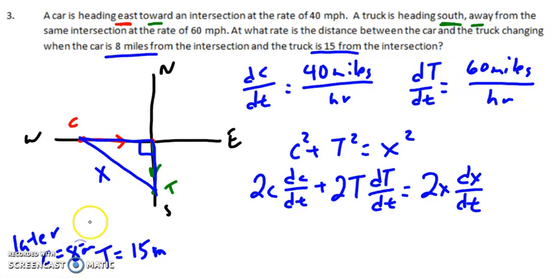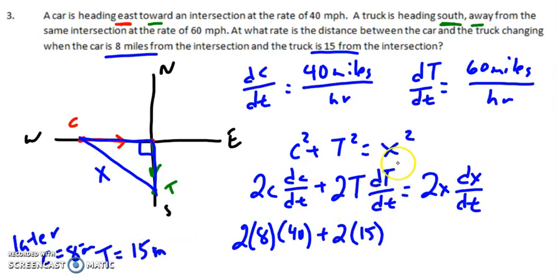So we have c is 8, and we know dc over dt is 40, plus 2, T is 15, dT over dt is 60, equals 2. Now which of these do we know and do we not know?